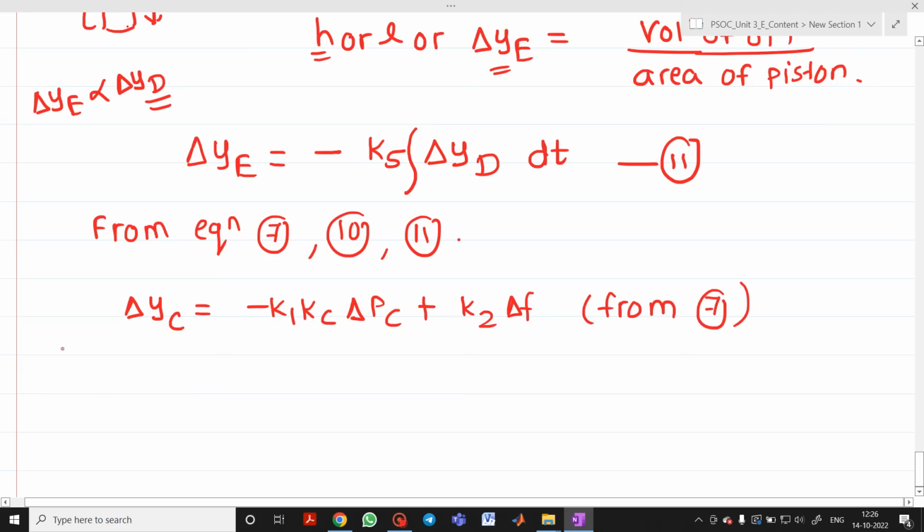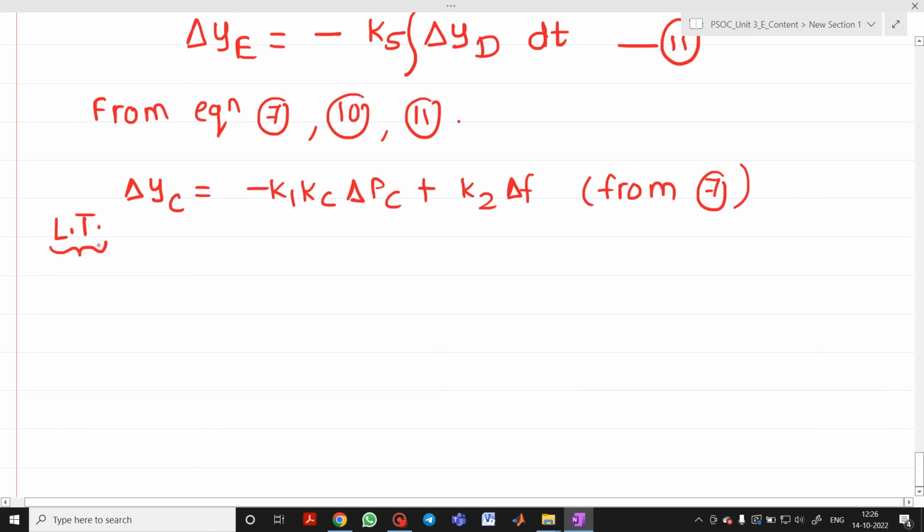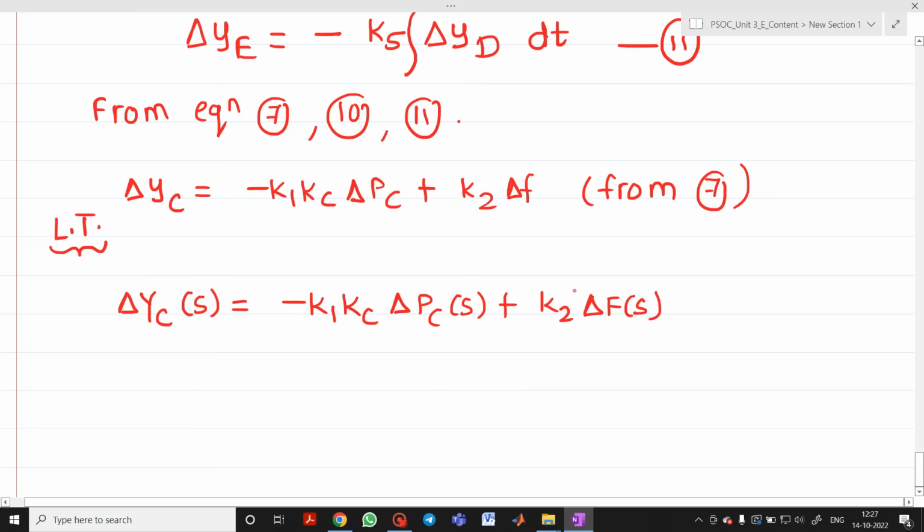If I want to take the transfer function, then we have to take the Laplace transform of this equation. So I will write it as delta capital YC of S will be equal to minus k1 kc delta pc of S plus k2 into delta f of S. So take this as equation number 12.